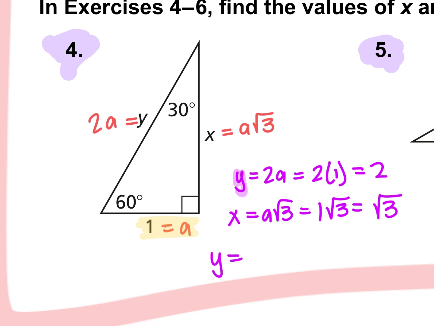So Y equals 2, X equals radical 3. Questions? I would just put radical 3. It's not wrong, but by now you should know that if it's just 1, it's just multiply itself. Technically, if you write 1 there, it's not simplified as simple as it can be.